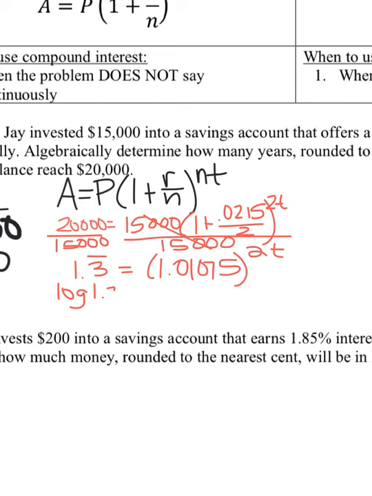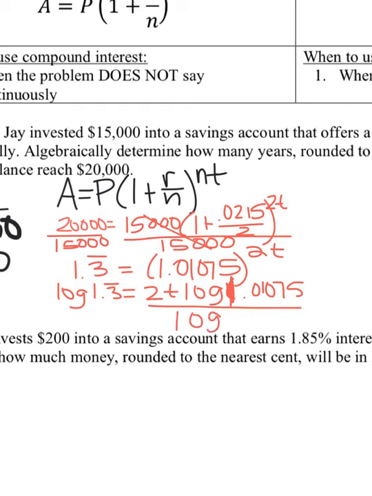So you have log of 1.3 repeating equals 2t times the log of 1.01075, and then you divide by the log. When you divide, you get 26 something.